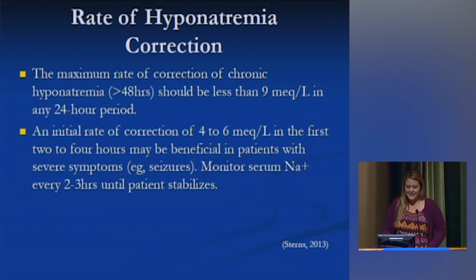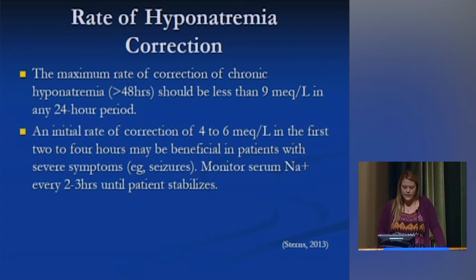The rate of correction is going to be based on the chronicity, and the exact numbers or how fast you do it vary amongst institutions, but keep in mind that if it's a more chronic problem, you're going to go a little slower, versus somebody with an acute hyponatremia who has more severe symptoms that they could really decompensate quickly from.